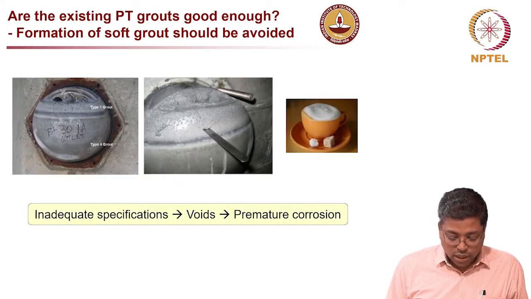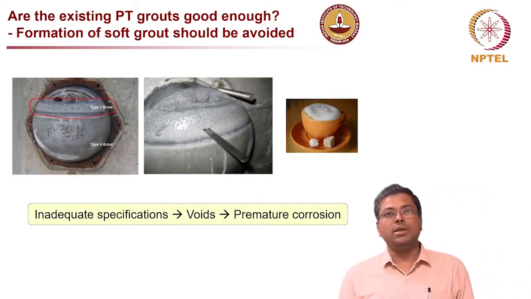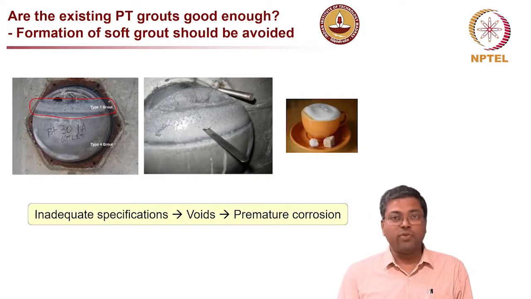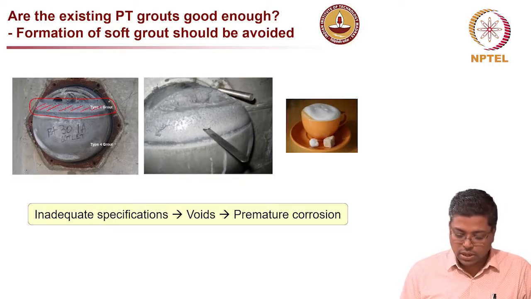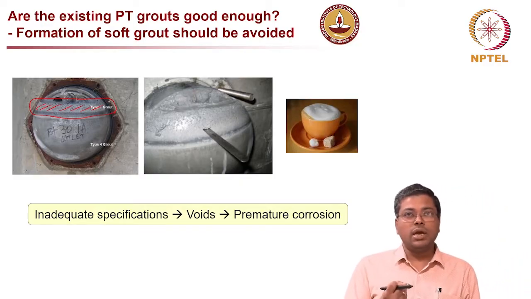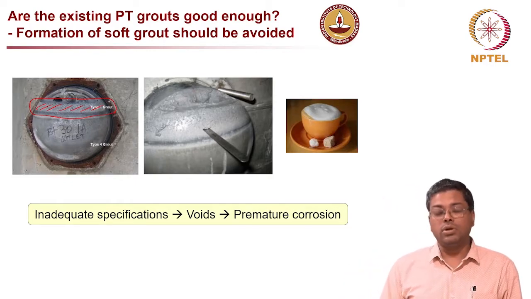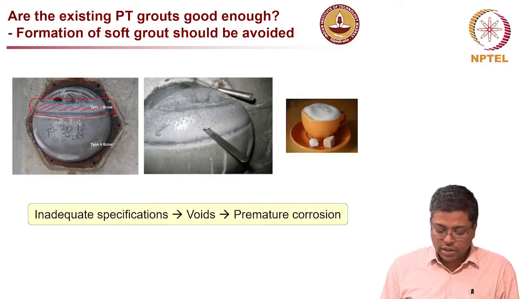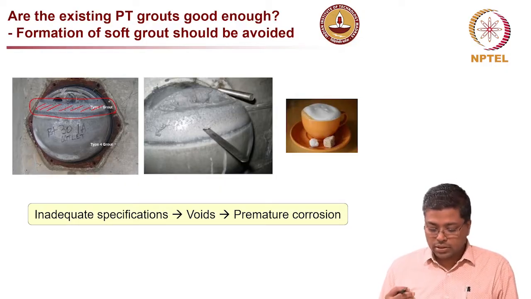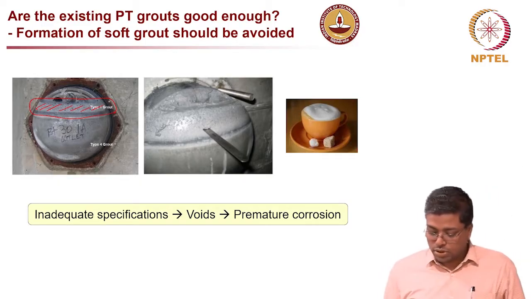But even in some of those grouts, we see a new type of problem, which is the soft grout formation, where the inert materials which are used in these grouts were floating, and it forms this soft grout as you see here, very porous in nature, which can actually absorb moisture and keep it there. So it's like froth in a coffee cup, on top of the coffee, very porous, very low strength, which can absorb moisture, keep it there, and then lead to corrosion of the strand.